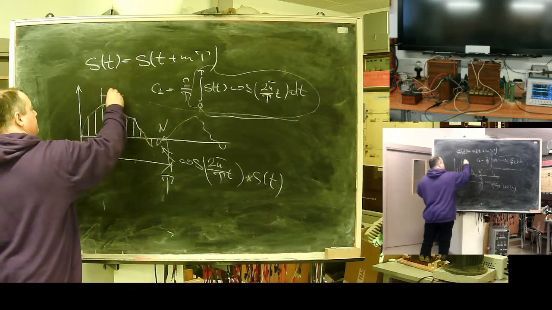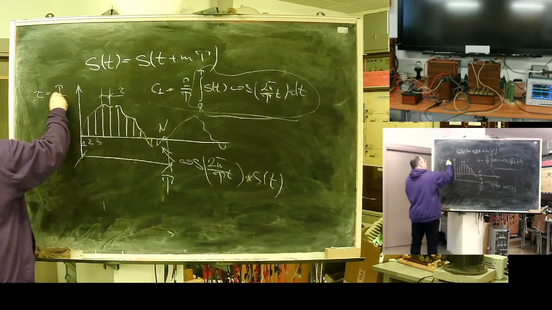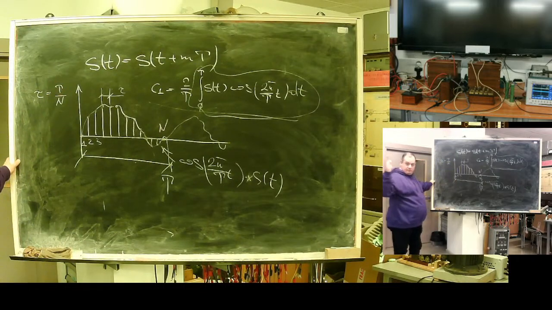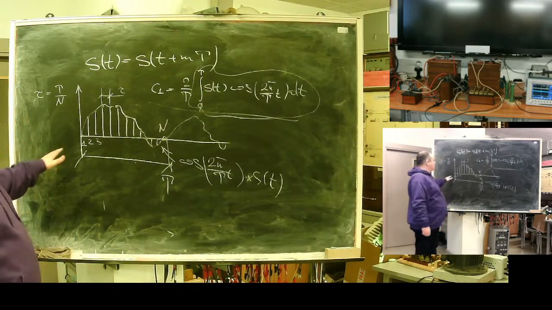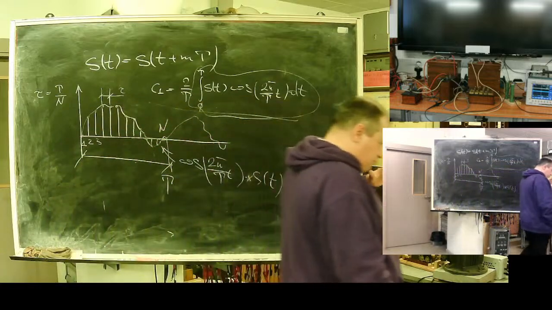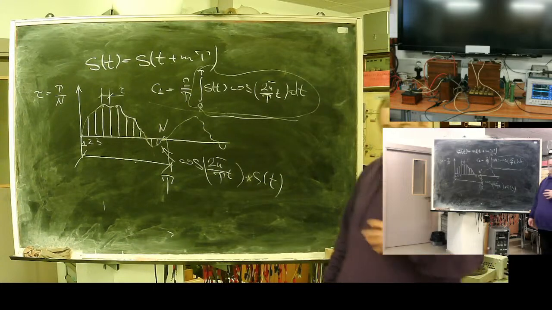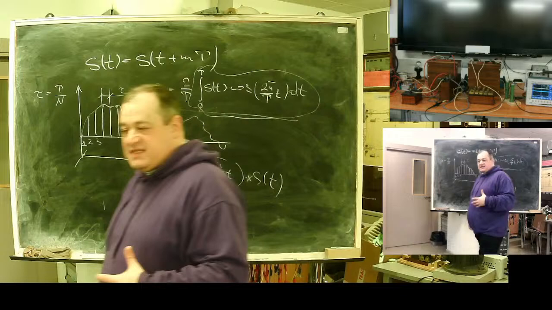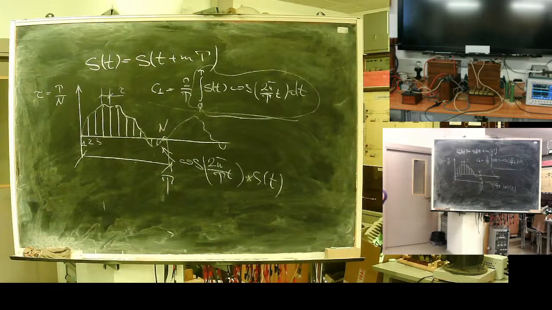Between them, the spacing tau is the period divided by the number of values. Let's say they are equal. In the memory of our computer, we will have a table of values, and the table of values represents the signal not as a continuous signal, not a continuous voltage or current, but as an object in space of discrete time.